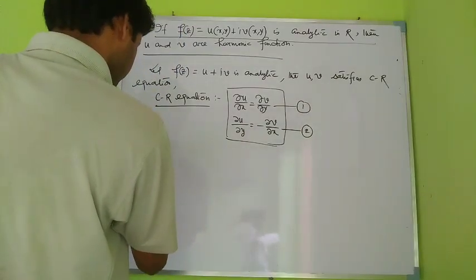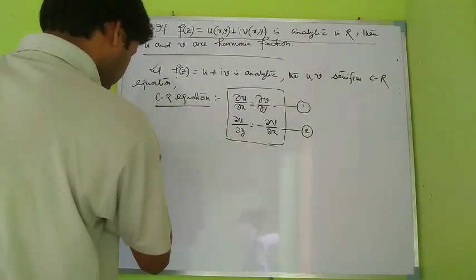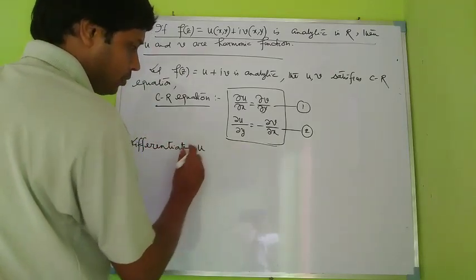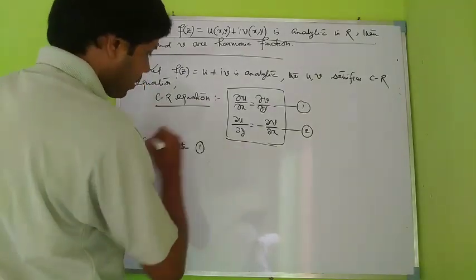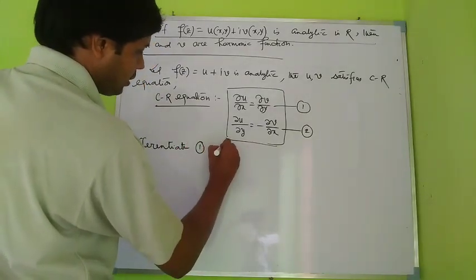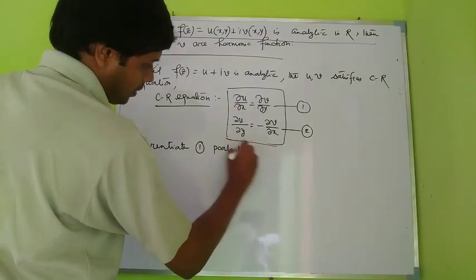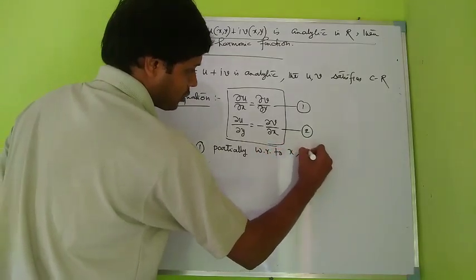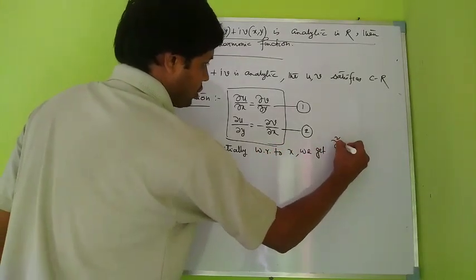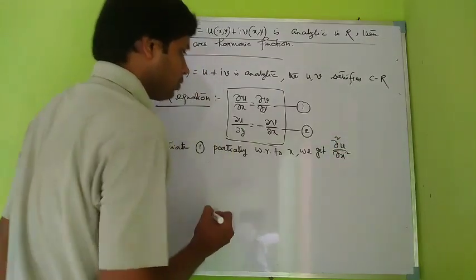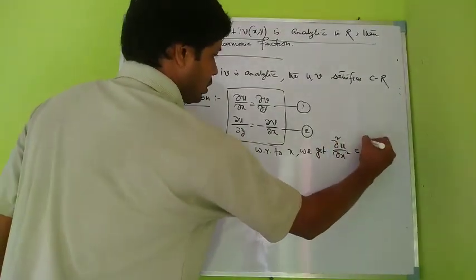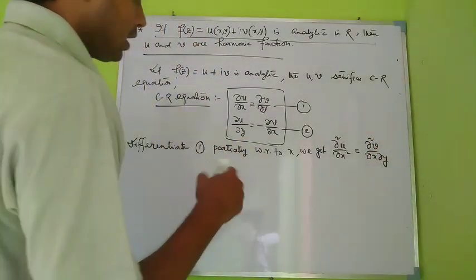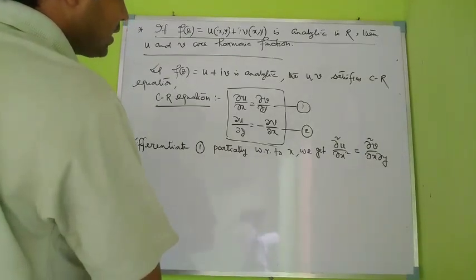Differentiate 1 partially with respect to x, we get del 2u del x2 is equal to del 2v del x del y.